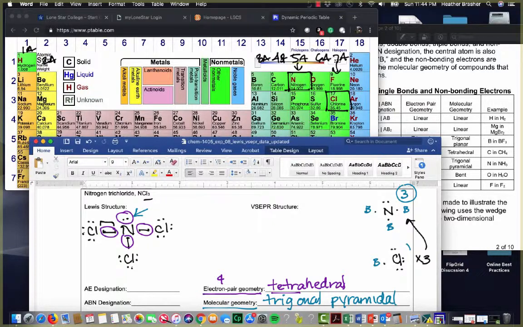Now from your handout, you'll be able to figure out the VSEPR structure, which is basically taking into effect the 3 dimensions with the electron pairs. And so basically what that looks like is this.